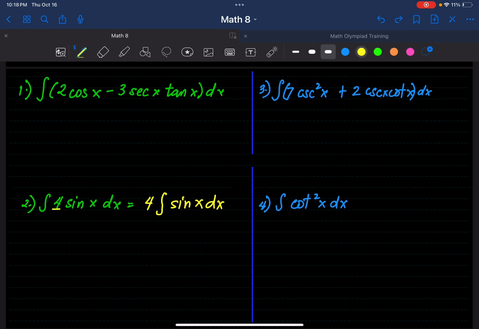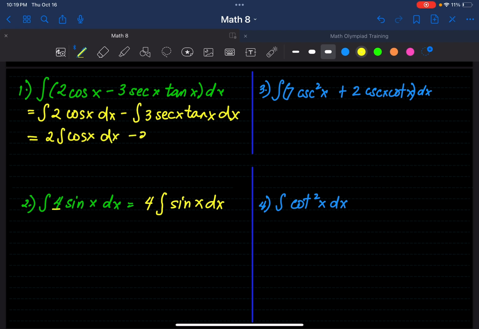So this will become integral of 2 cosine x dx minus integral of 3 secant x tangent x dx. And if we have a coefficient, we can write the coefficient before the integral symbol. This will become 2 integral of cosine x dx minus 3 integral of secant x tangent x.